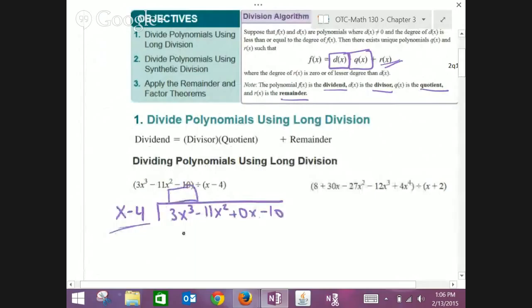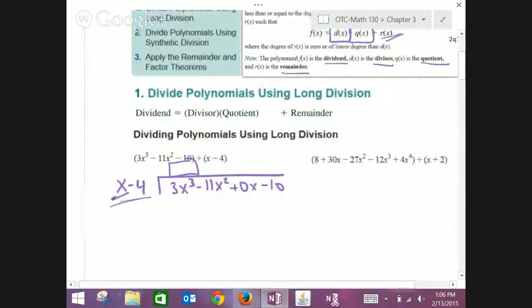Here's what I need to put in, so that when I multiply it by x, I get 3x cubed. What times x is 3x cubed? That would be 3x squared. 3x squared times x gives me 3x cubed. Then I distribute this to each of these terms, so 3x squared times minus 4 is minus 12x squared.